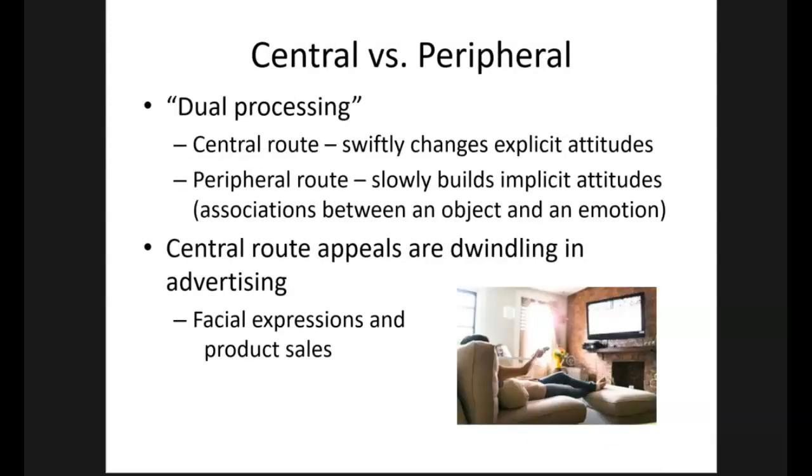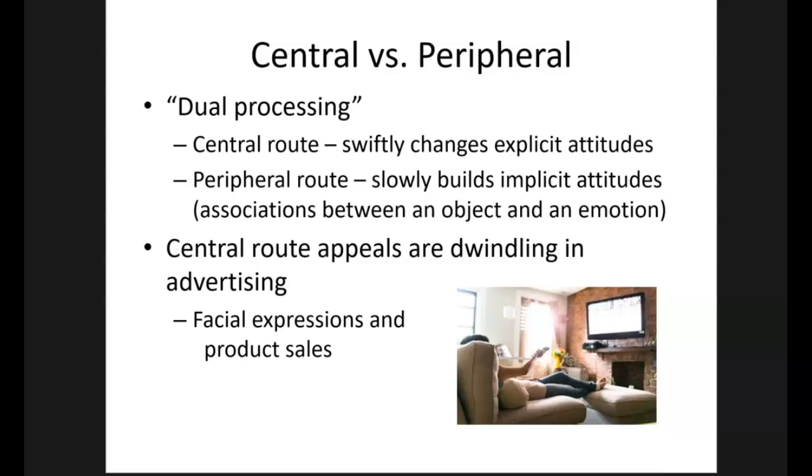So talking about that central versus peripheral and how we process, the dual processing model, the central route is all about having to take the time and use the effort, right? That is not our automatic thinking. That is our deliberate thinking. It's that system 2 stuff that takes time and effort.